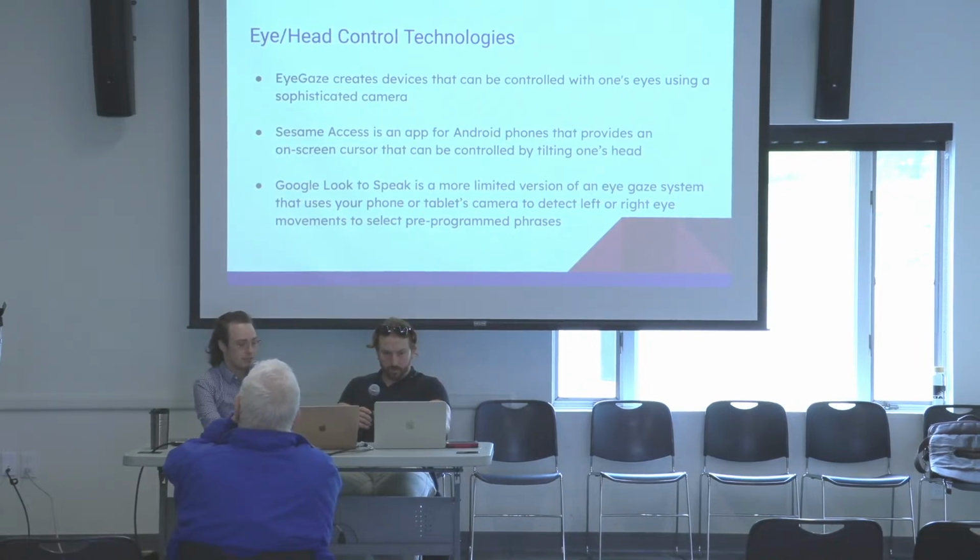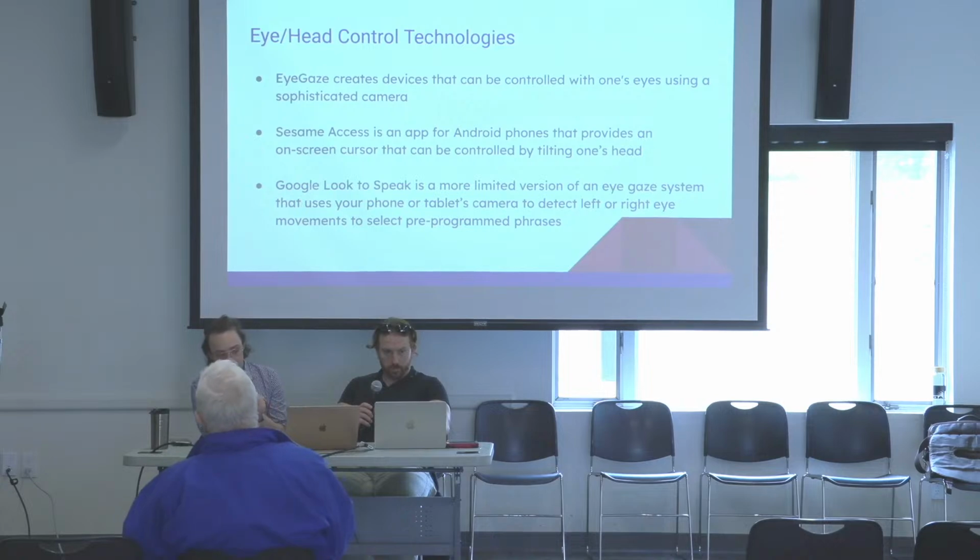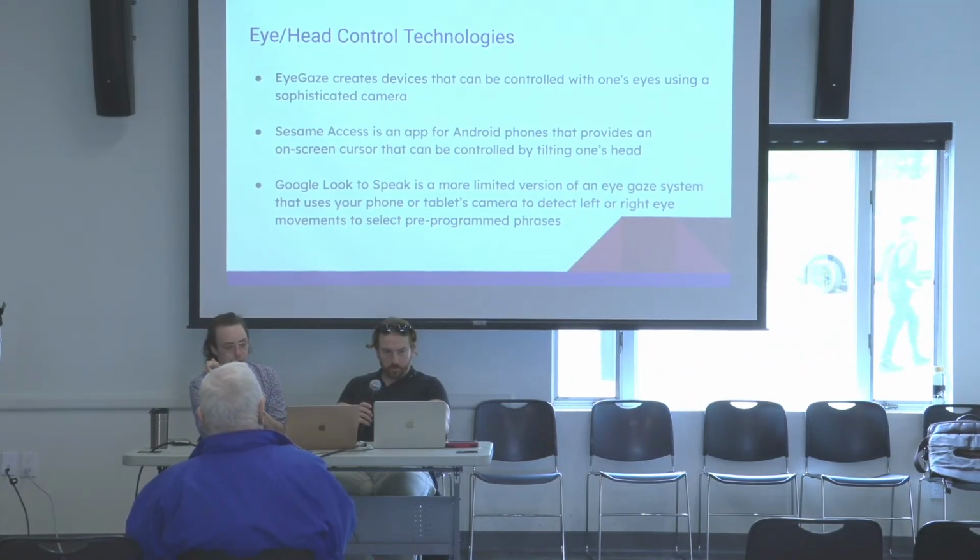In terms of more in-depth things, eye gaze or head control, those are ones that will be used usually with the help of an occupational therapist, since these are pretty complex systems. But eye gaze, we talked about that a little bit. That uses a camera to sense where your eyes are looking, and that becomes sort of your mouse or the way of controlling your device.